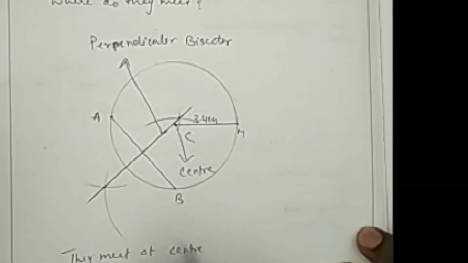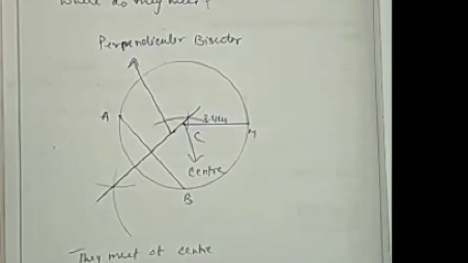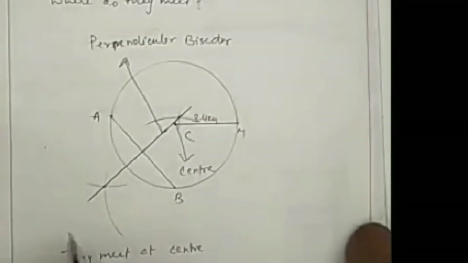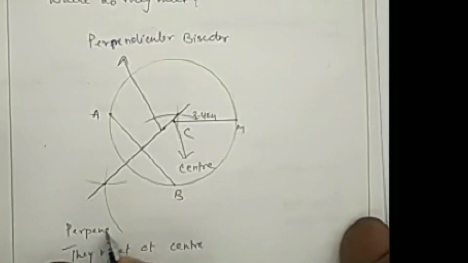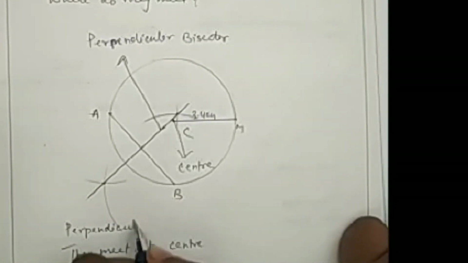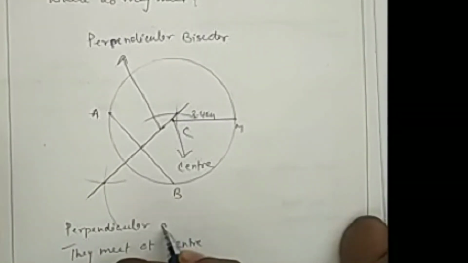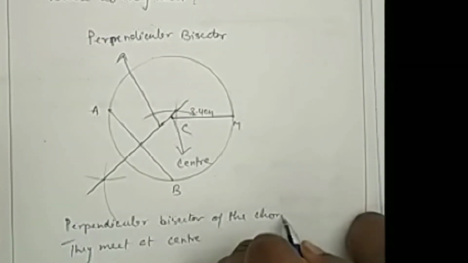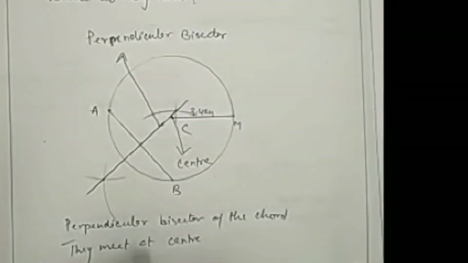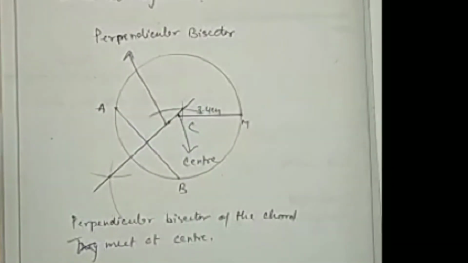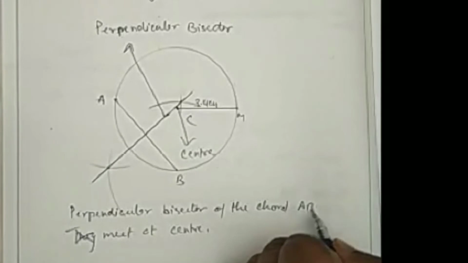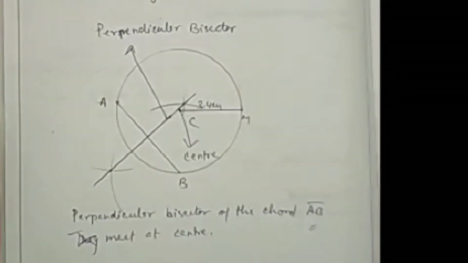What is meeting? The perpendicular bisector of the chord. I'm writing the full sentence: the perpendicular bisector of the chord meets at center. Okay. This is the answer of this question. Done.